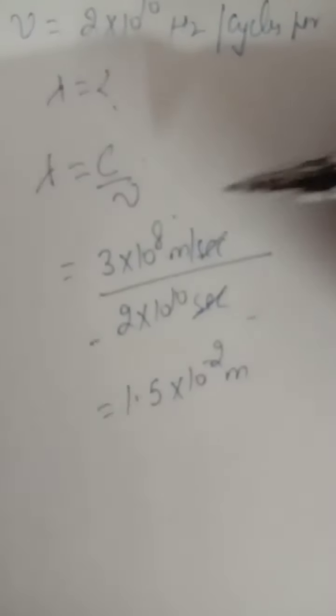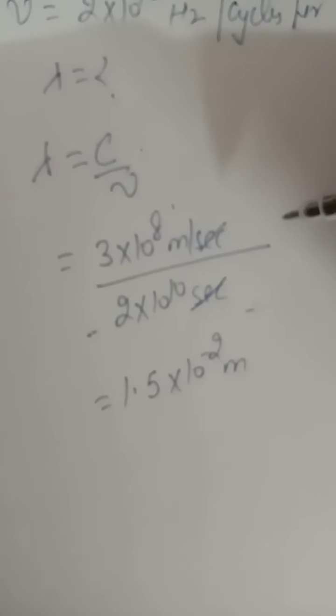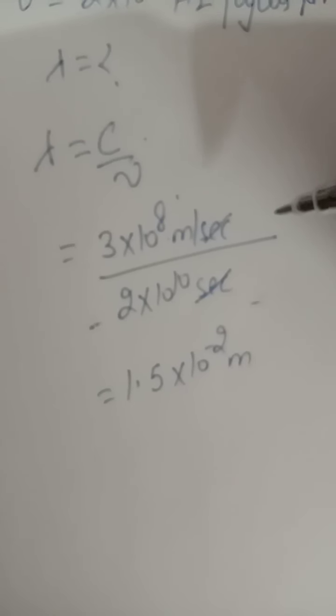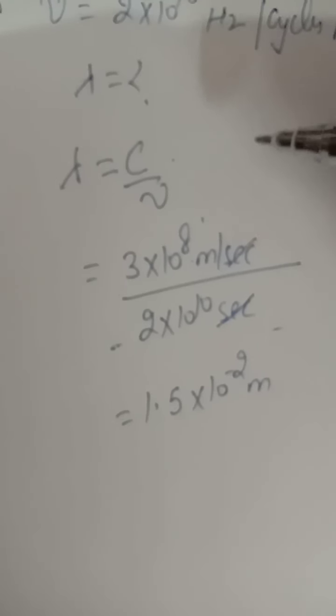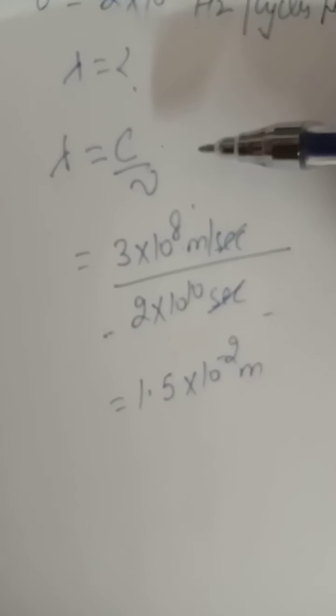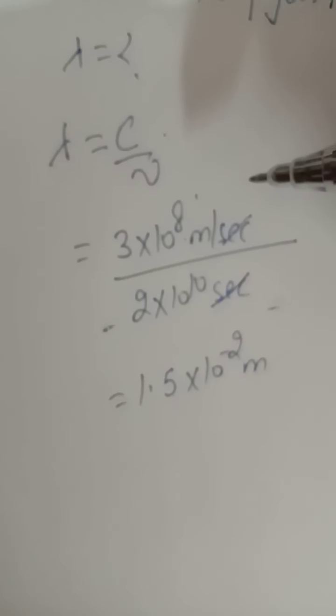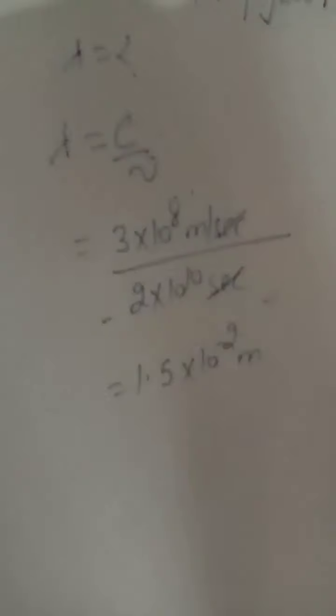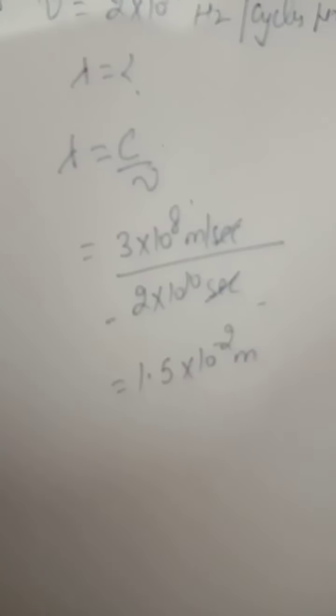That's why if we have to call America, it hardly takes 1 to 2 seconds. It's because of EMR, that is electromagnetic waves, they are moving very fast, 3 lakh kilometer per second.